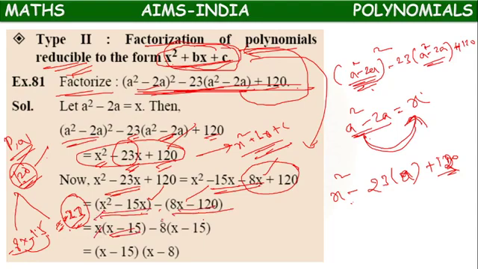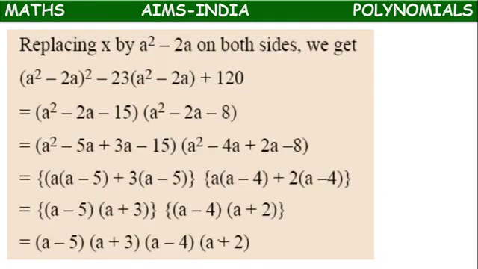From the next two, 8 is common, giving x minus 15. Again x minus 15 is common, leaving x minus 8. Like that we have found the factors. This is about type 2 problems.